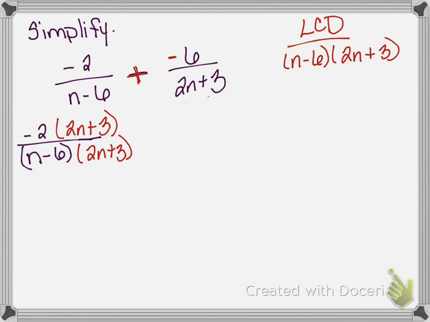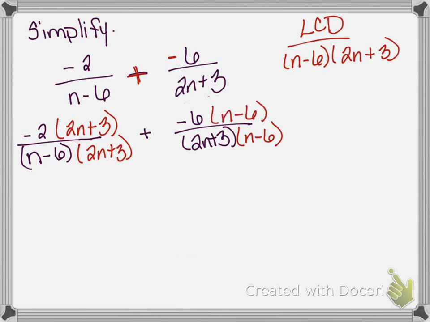Now I'm going to do the same thing with my second rational. Okay, my 2n plus 3 is accounted for. What am I missing? N minus 6. Excellent. So I'm going to have n minus 6 on the bottom and n minus 6 on the top.